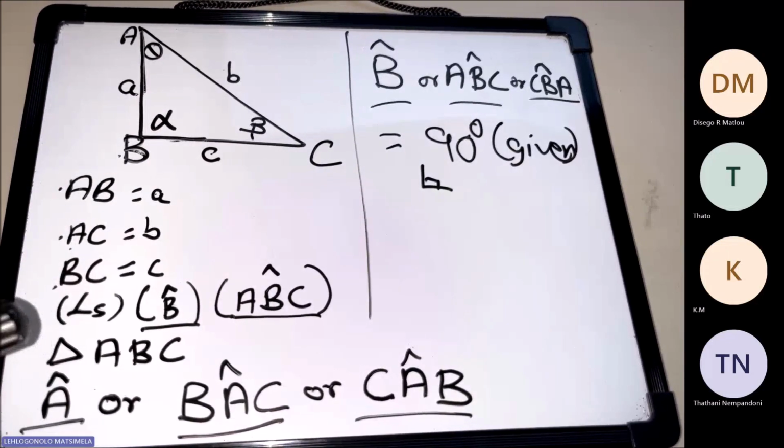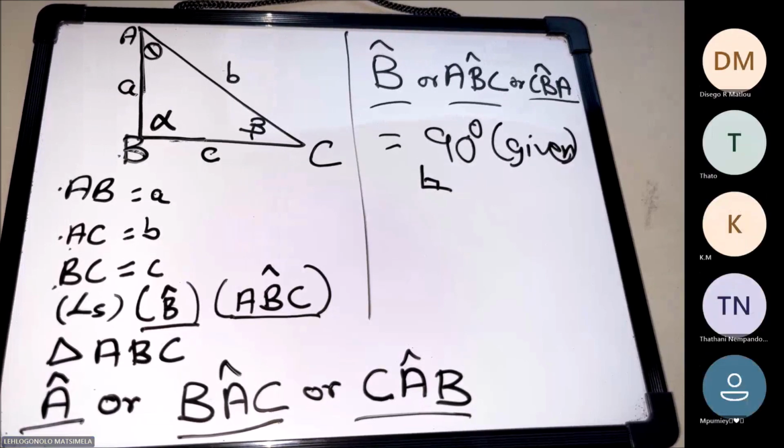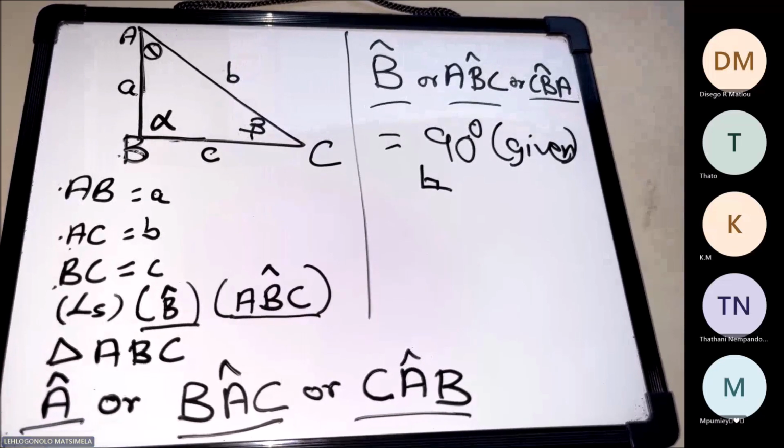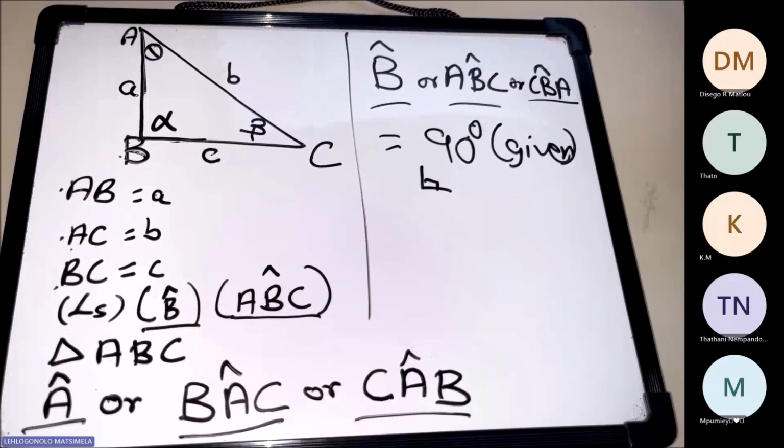And then we also have the acute triangle. Acute triangle means all the angles in the triangle are less than 90. Those types of triangles, we call them scalene triangles. No sides are equal, no angles are equal.